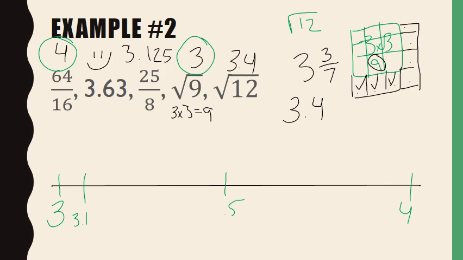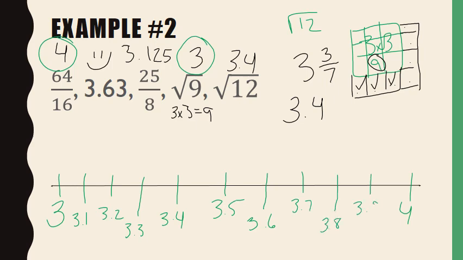The middle of 3 and 4 is 3.5. Sorry about that. So 3.1, then 3.2, then 3.3, then 3.4, 3.5 in the middle, 3.6, 3.7, 3.8, 3.9.